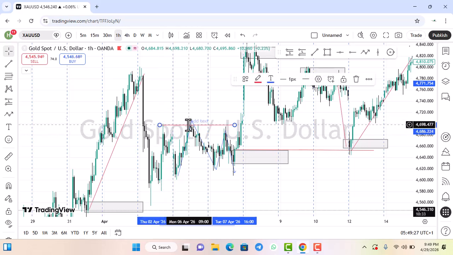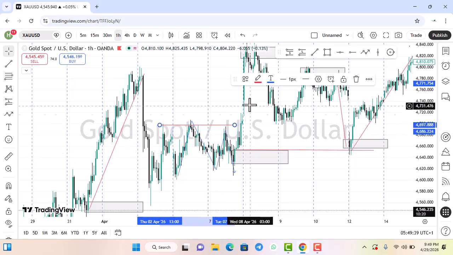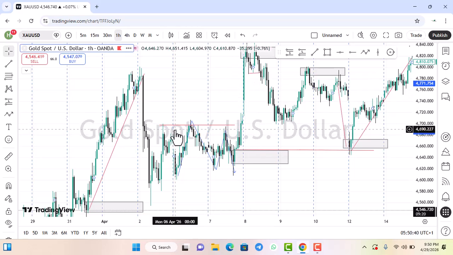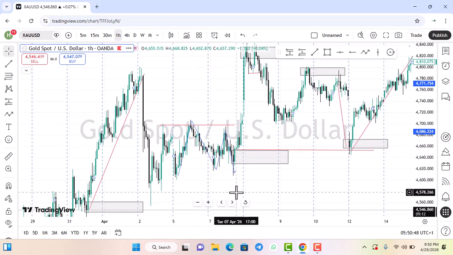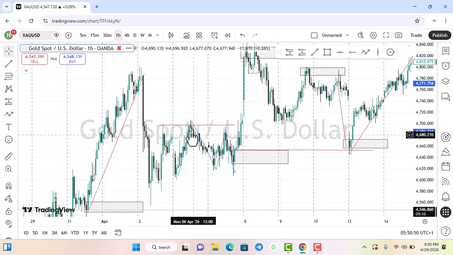This point, this point, this point. Because at this point, price pushed down, pushed down, pushed down, and later price went above those points. So those internal points are order blocks that were supposed to push price down to continue selling, but they failed.